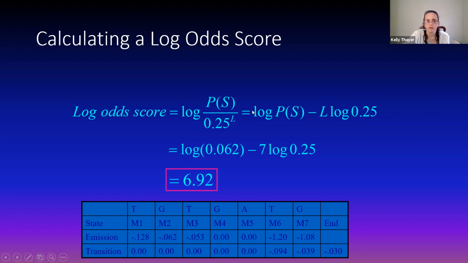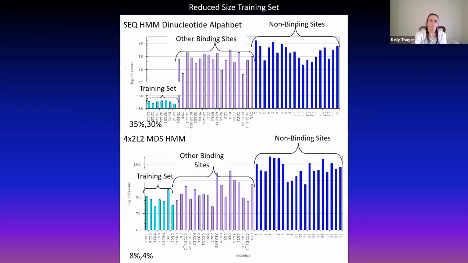Here we have also applied the law of logarithms to bring our L down out in front. So this is how it's equal. Then we can substitute in our numbers and calculate out our score in log space instead of probability space, which makes this much easier and more accurate to work with, which is why oftentimes when we're working with hidden Markov models, the answer will be reported as a log odds score rather than the probability directly, but they're directly related to each other by this formula.